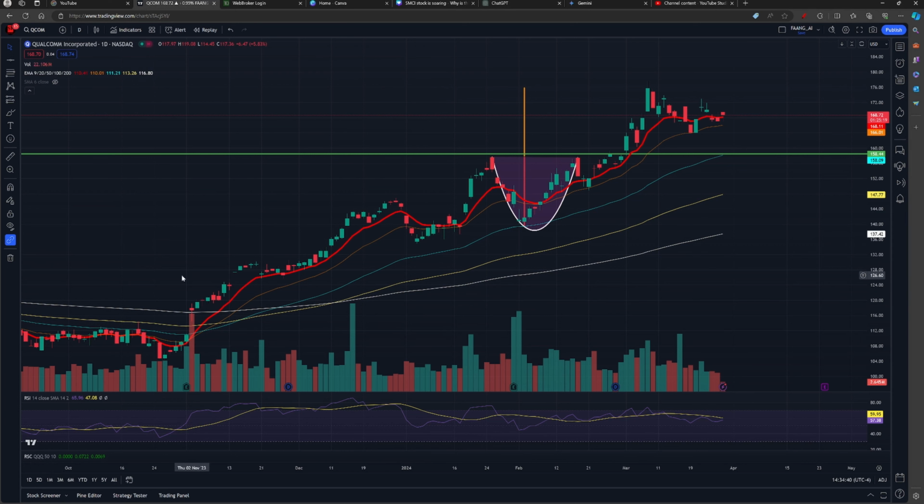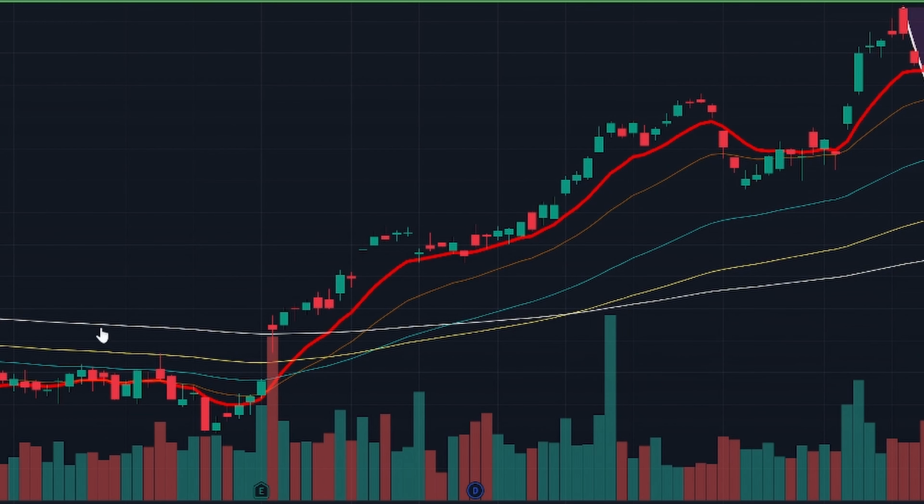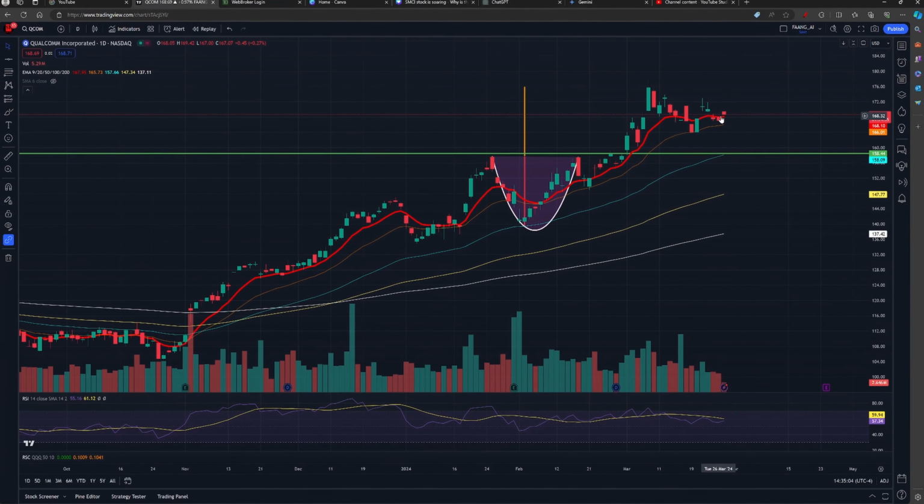So if you look at this, if you concentrate on this particular area out here, this is when a bearish market turned into a bullish market. And it is characterized by the 9-day exponential moving average crossing over the 20-day exponential moving average, and then the 50-day, and then the 100-day, and then the 200-day, so that at the very end, the 9-day exponential moving average is at the very top.